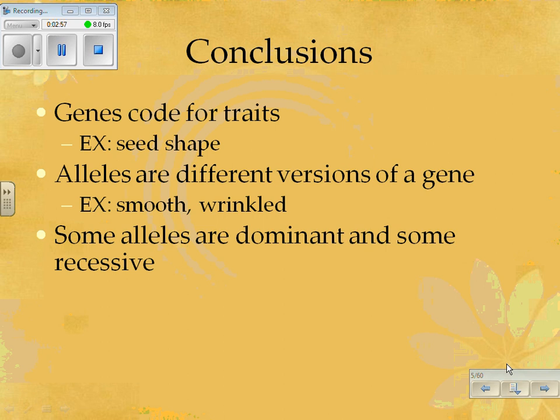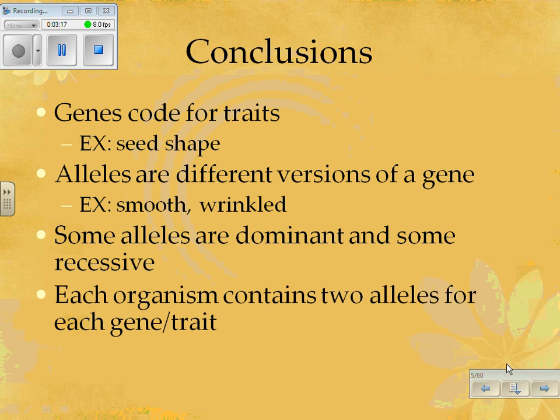And some alleles were dominant and some were recessive. And if the dominant allele were present, then that individual would have the dominant trait. So these were very important at the time. Again, we're back in the 1800s when he's talking about this, and it was very, very important data for scientists to go forward. He also concluded again that each organism contains two alleles for each trait.